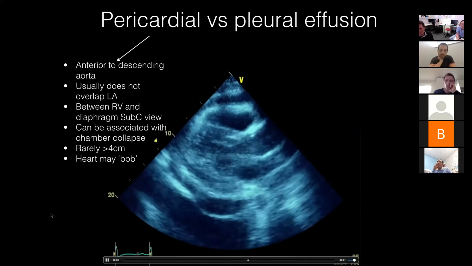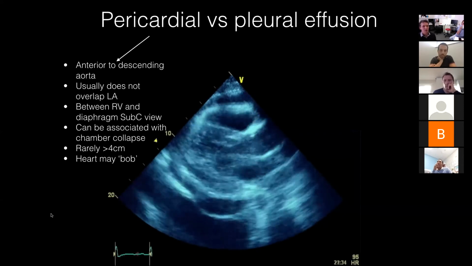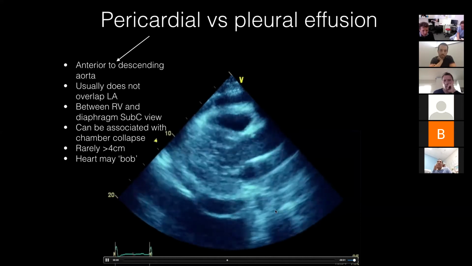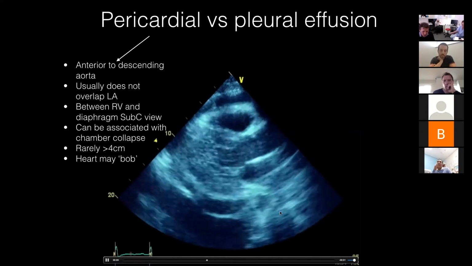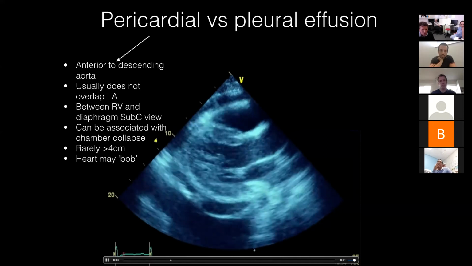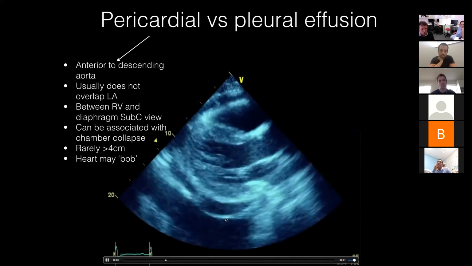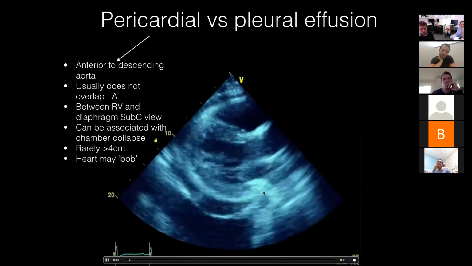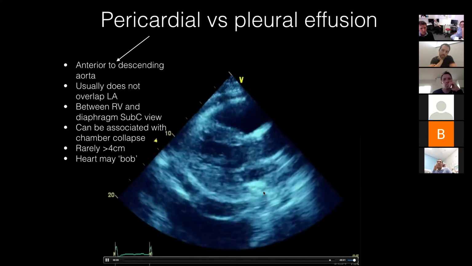Beautiful, and I'll try and bring up some writing here as well. So the pericardial effusion, we're going to see it anterior to the descending aorta. The descending aorta is there, and the effusion sits in front of it, as opposed to the pleural effusion that sits behind it. And usually you don't see the pericardial effusion overlap into the left atrium. That's not always the case, but usually it doesn't overlap.